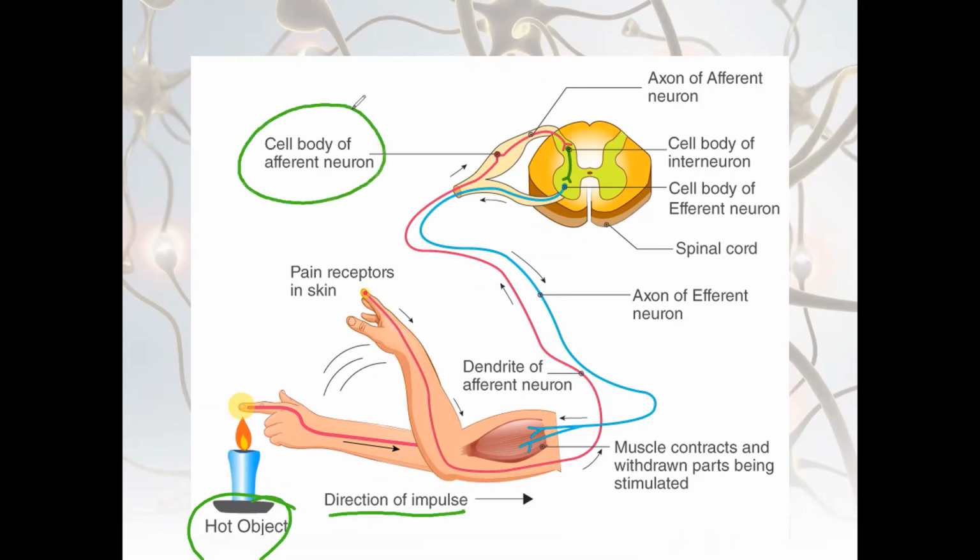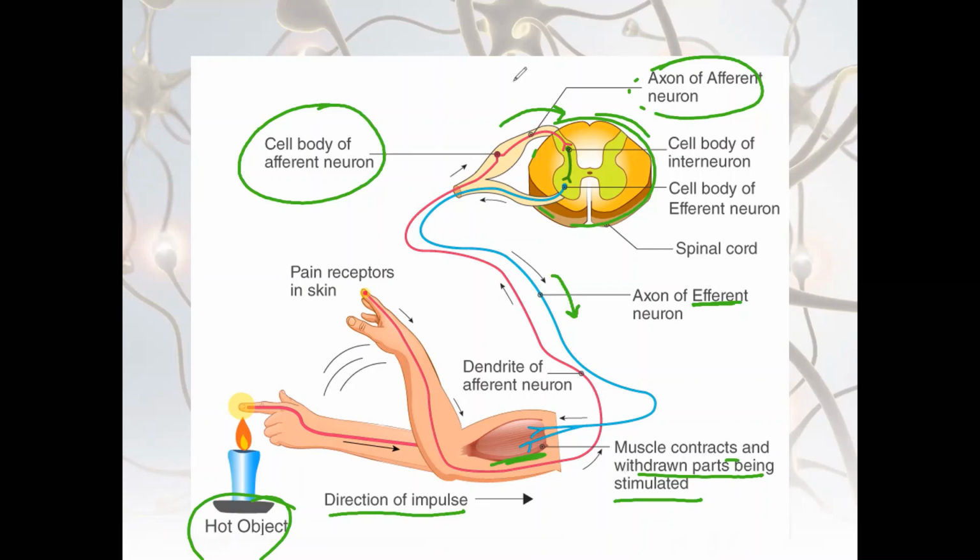Then cell body of the neuron, axon of afferent. Now what is afferent and efferent? Efferent is moving away, afferent is moving towards. Clear? This entire thing is the spinal cord. When the message reaches the muscles, the muscle contracts and withdraws the part from the stimulus, right? So a response is always observed due to a stimulus.